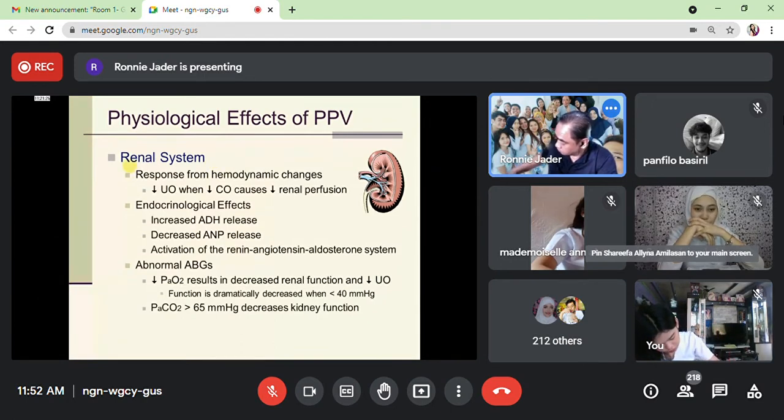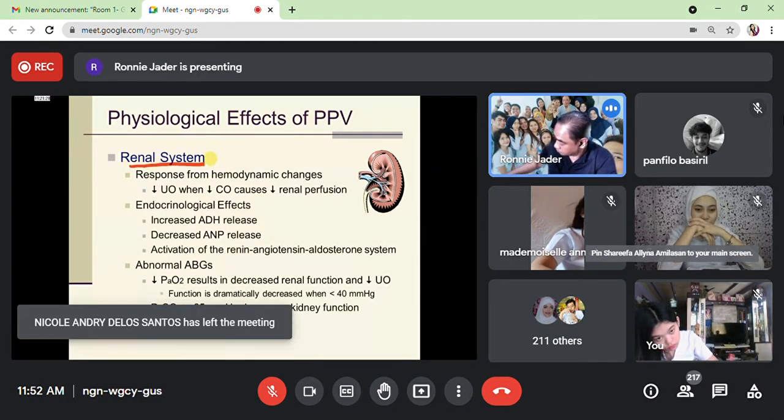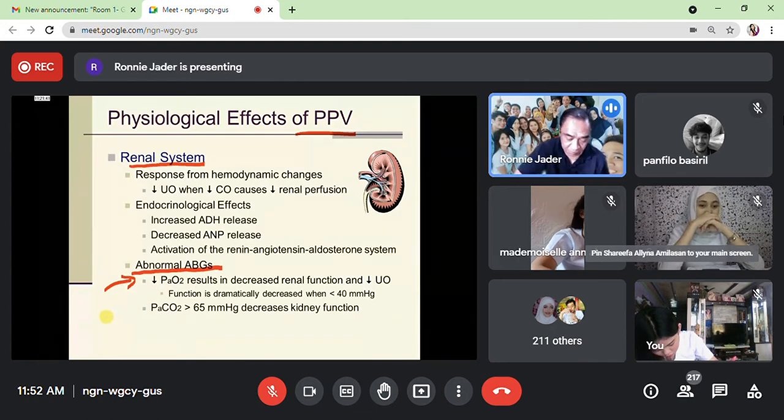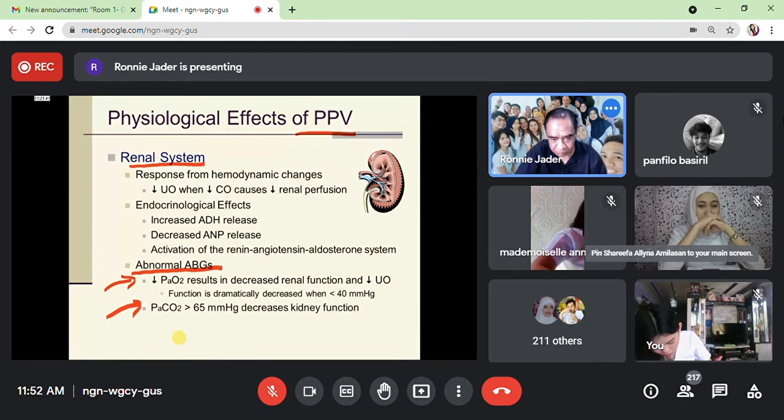So surprisingly enough, the renal system is also affected by positive pressure ventilation. Now, I don't want you to memorize all these different responses here, okay? I want you to be aware that if we have a patient who's hypoxemic, a patient with high CO2, we're going to damage and cause decreased kidney function, all right? How do we limit this?